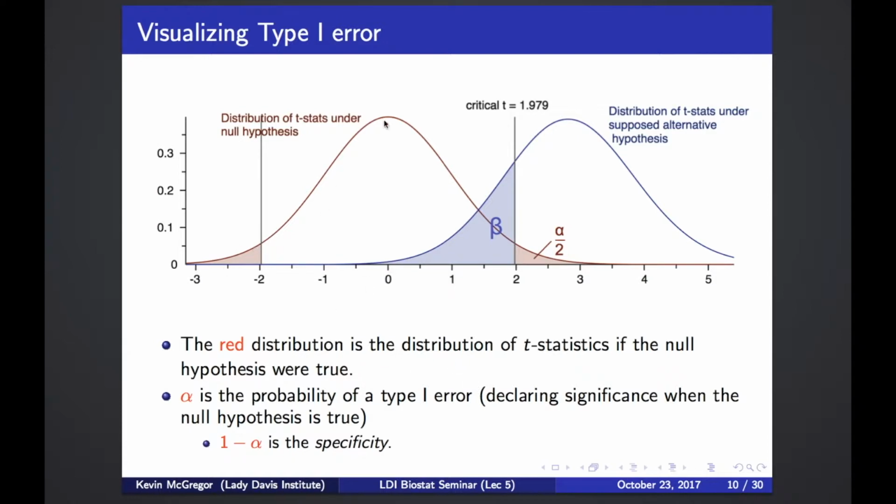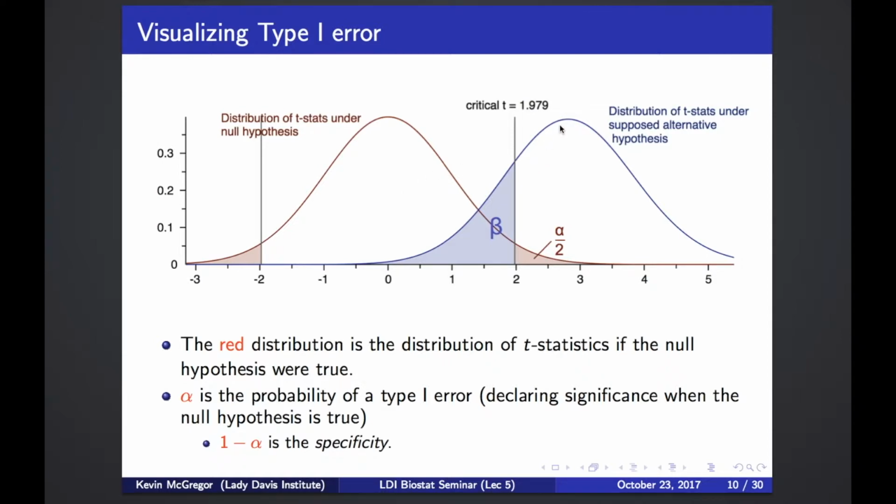If this null hypothesis were true, then falling to the right of this critical t-value or to the left of the other critical t-value would represent a type 1 error. And if we fell in between the two thresholds, then we would correctly not reject the null hypothesis. Sometimes we call the area under the curve between the two critical values the specificity.